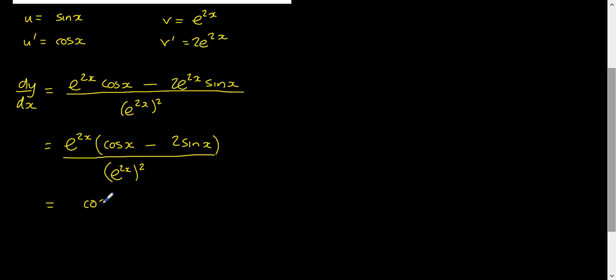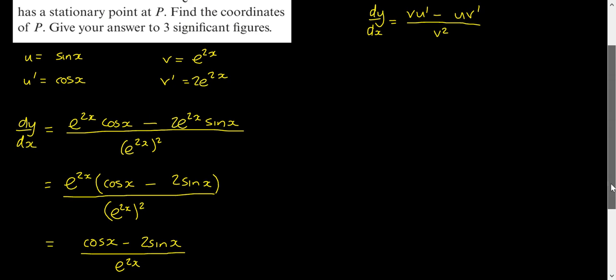So we end up with cos x minus 2 sine x divided by e to the 2x. That's just cancelling this e to the 2x with one of the ones on the bottom. So there's my dy by dx.